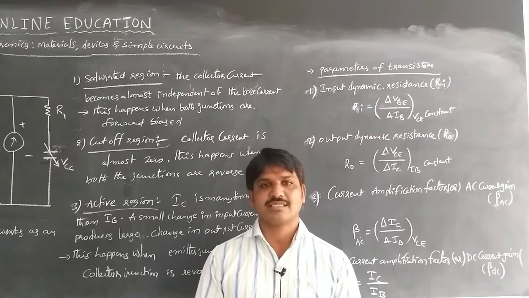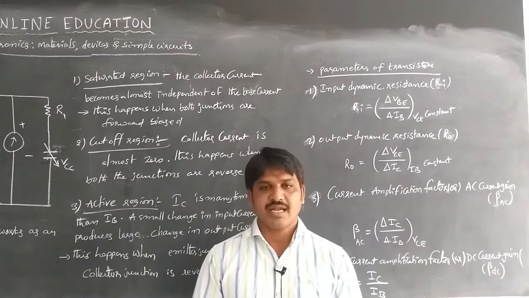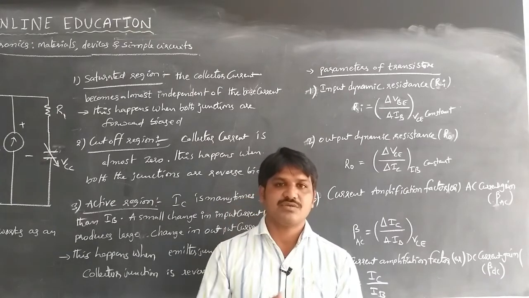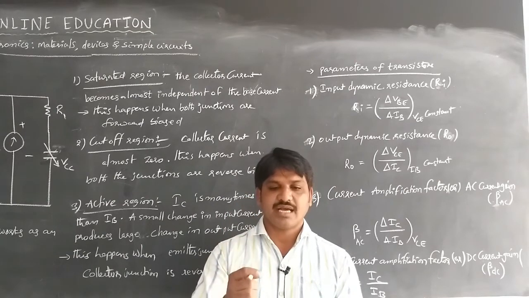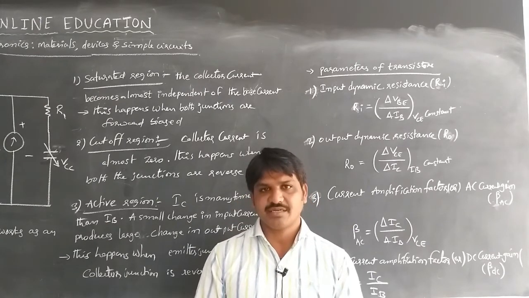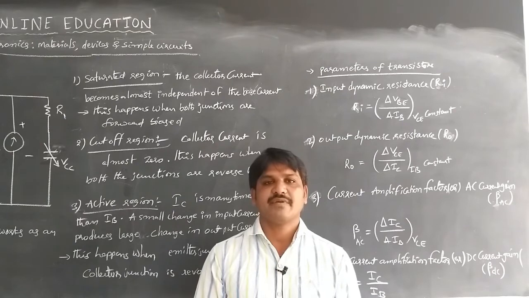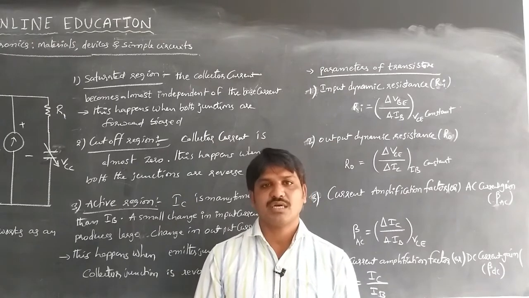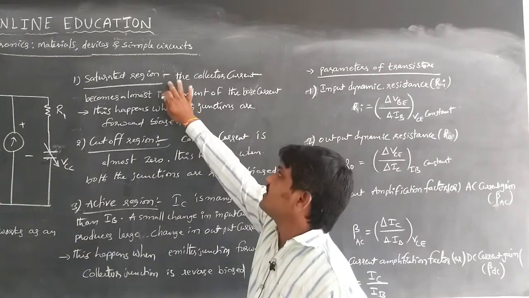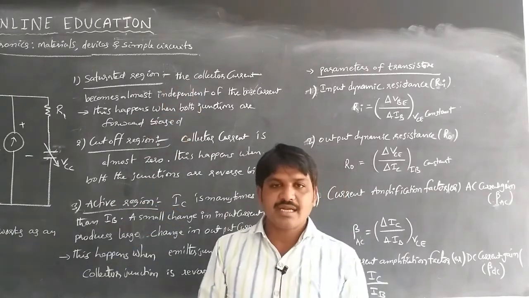So that is called the cutoff region. And at some values the collector current will be almost independent of the base current. This happens when the input and output circuits are forward biased, and that region is called the saturated region.